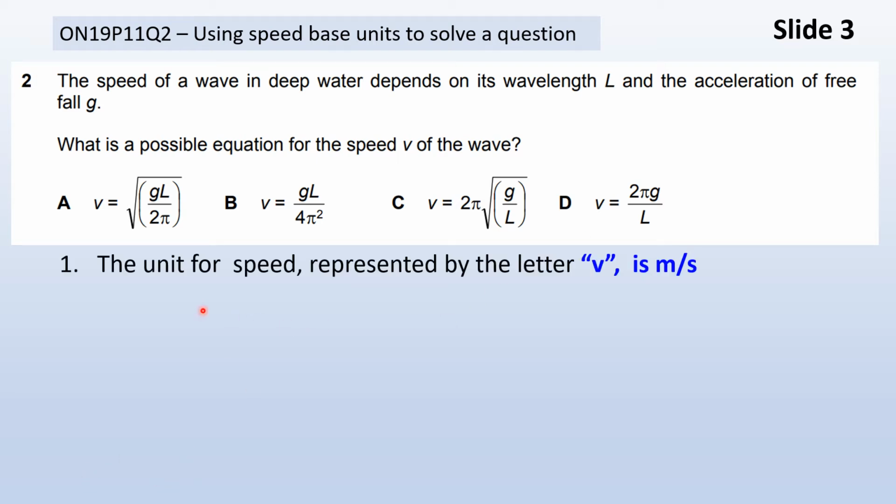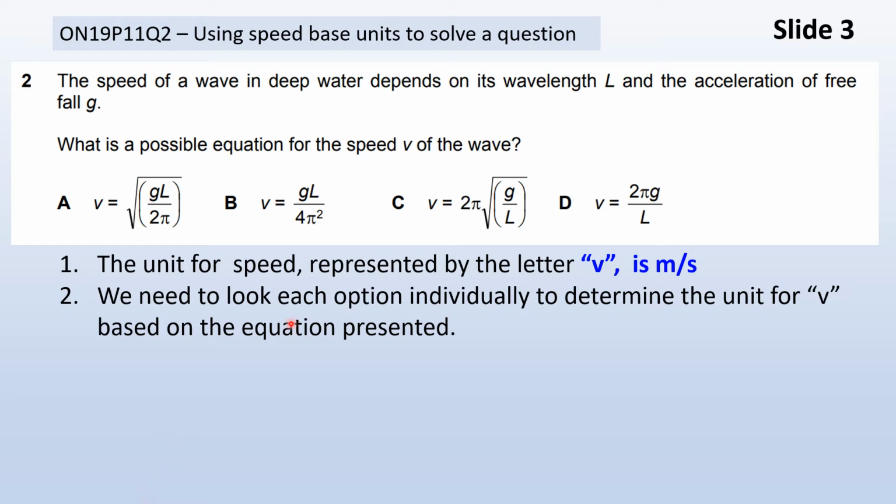Let me start with a thought process. The unit for speed, represented by the letter v, is meter per second. We need to look at each option individually to determine the unit for v based on the equation presented.